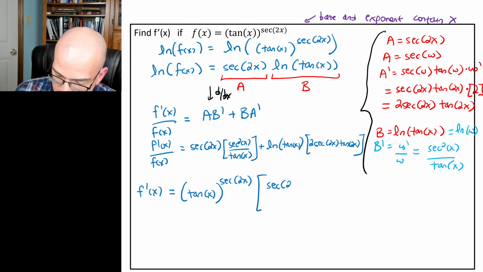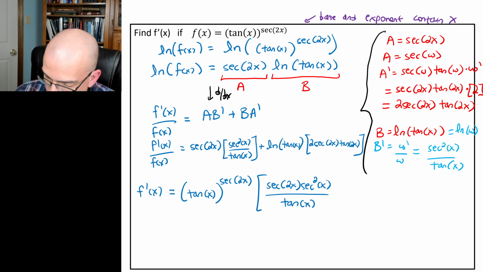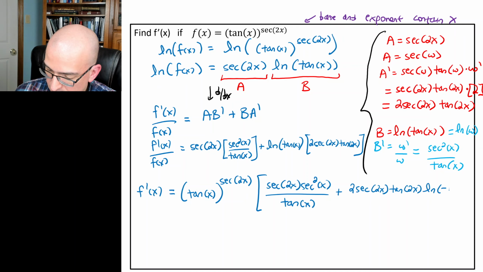Secant 2x times secant squared x divided by tan of x plus 2 secant 2x tan 2x times the ln of the tan of x. And is anything missing? Hopefully not.